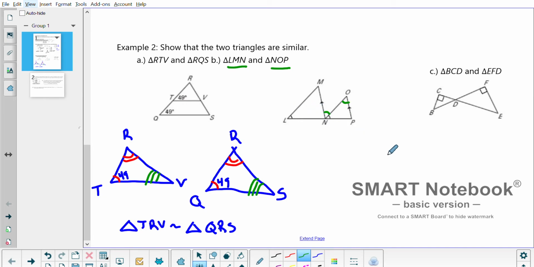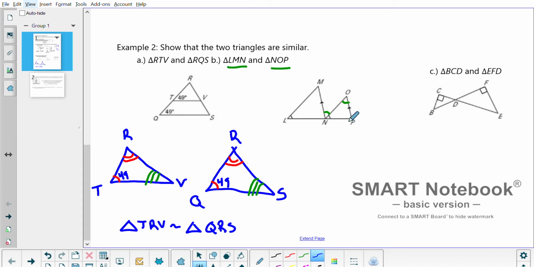Unfortunately, that doesn't help us to prove that the triangles are similar yet. But what I can do is, I know that the sum of the three angles in a triangle is 180. I also know that a straight line or a straight angle is also 180.